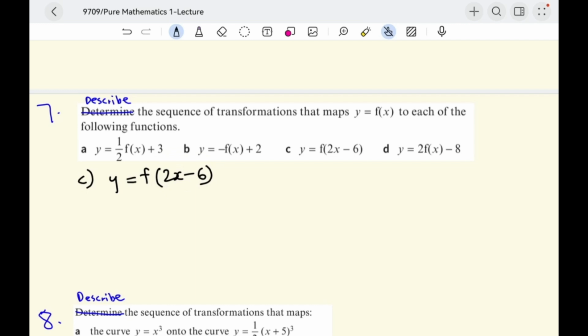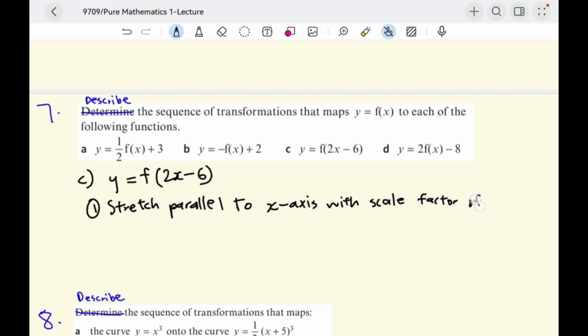So you can see that there's a stretch parallel to the x-axis with scale factor of half, because it involves the stretch in the x direction.